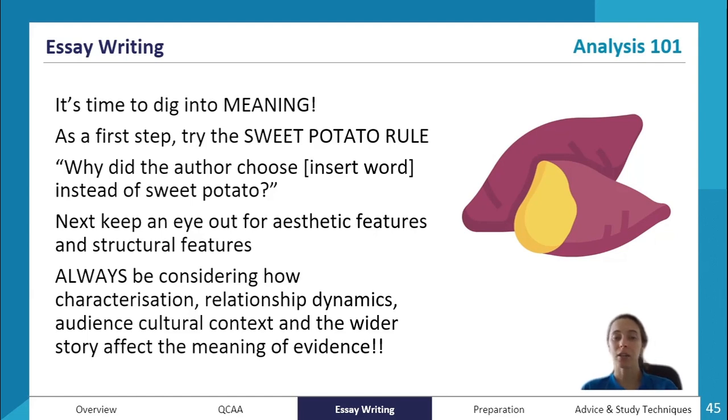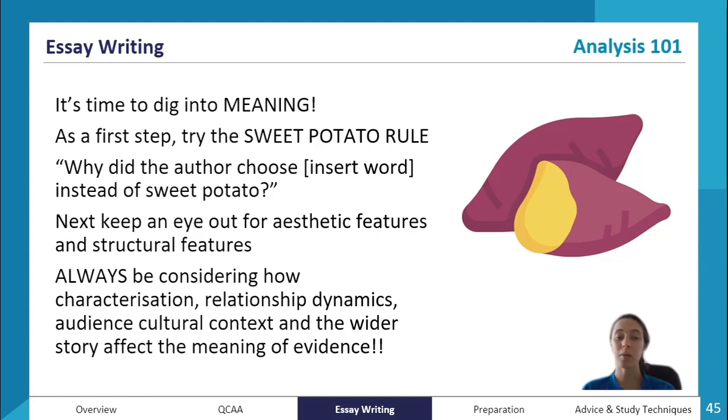Okay, so digging into this idea of meaning, which is the basis of an analytical essay, you're analyzing meaning. So the first step, try the sweet potato rule. So why did the author choose this instead of sweet potato?